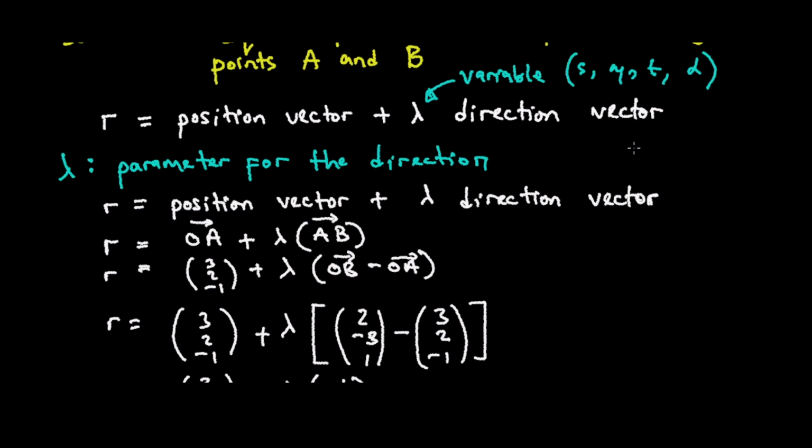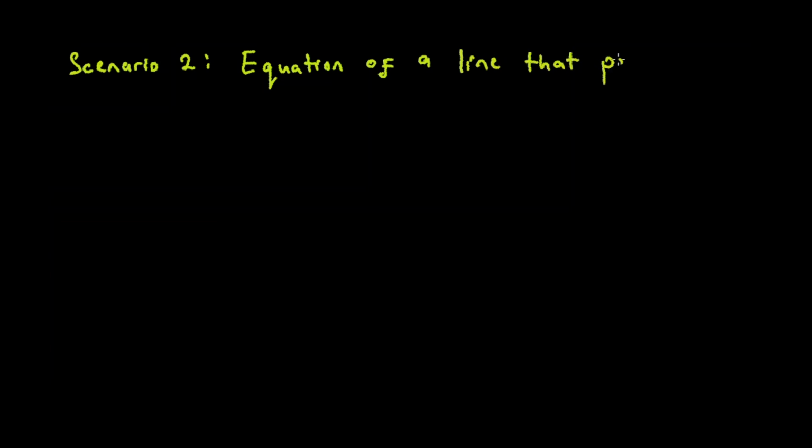Okay, let us go to scenario number 2. Scenario 2 is: the equation of a line that passes through point A and is parallel to OB.